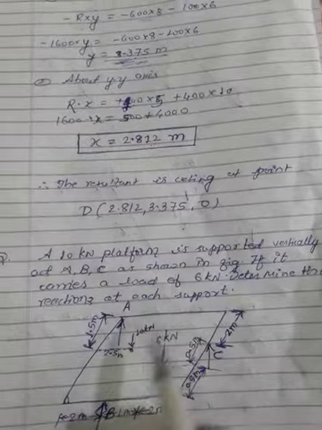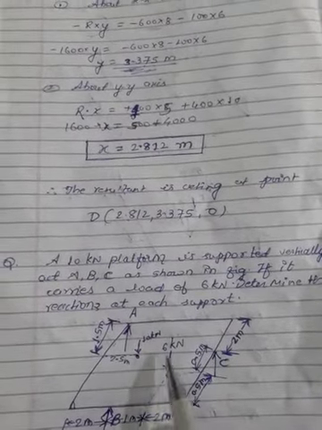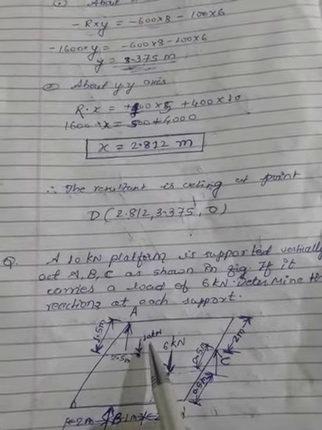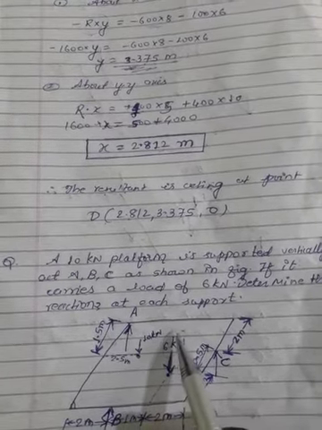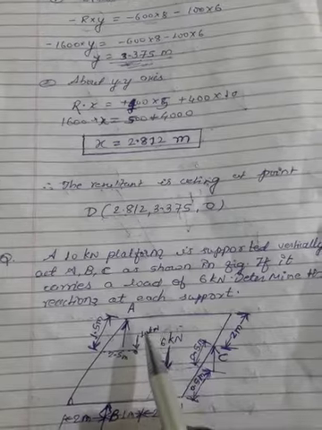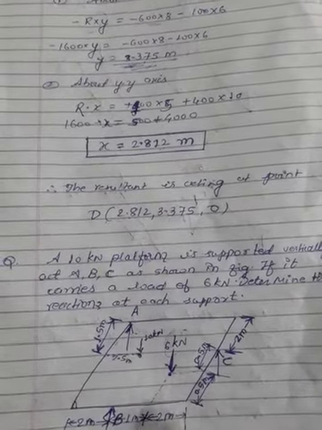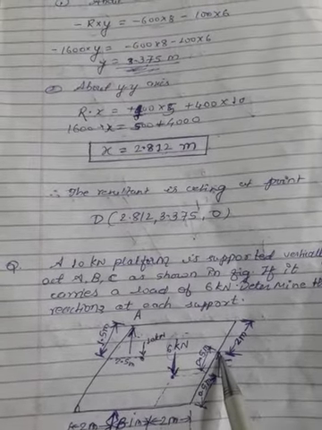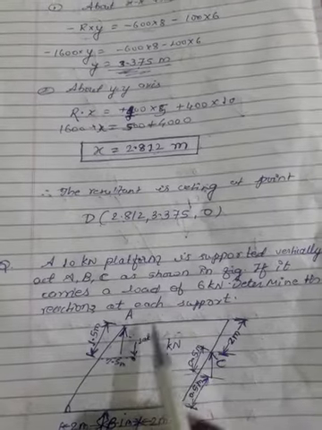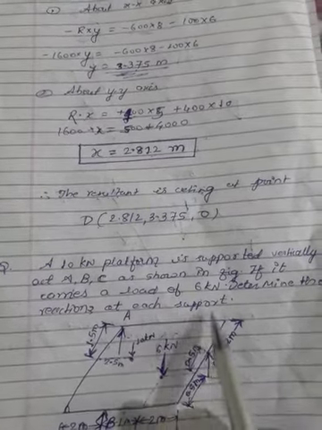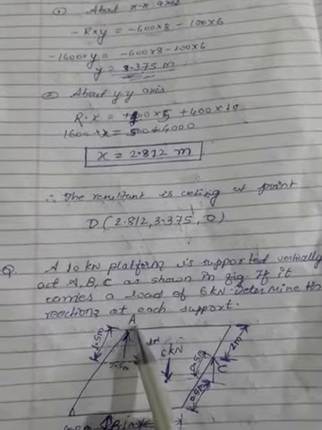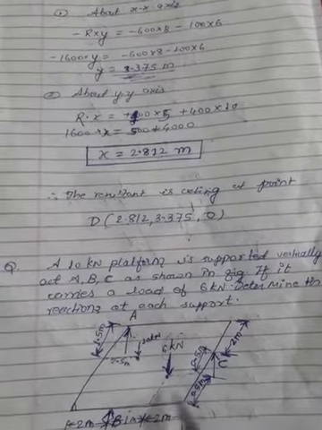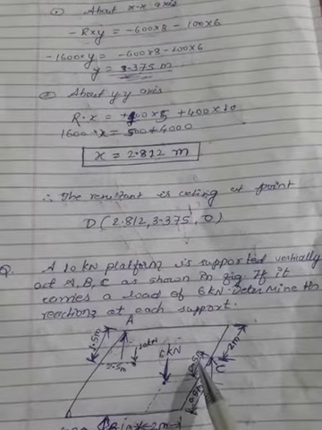Determine the reactions at A, B and C. So you have to calculate how much reaction will develop at the support points A, B and C because of the weight of the platform and the 6 kilonewton load.